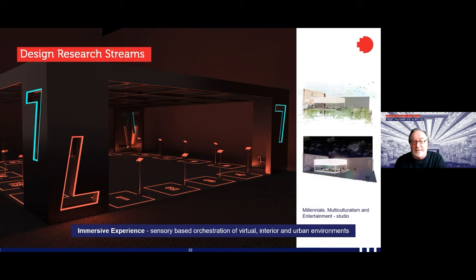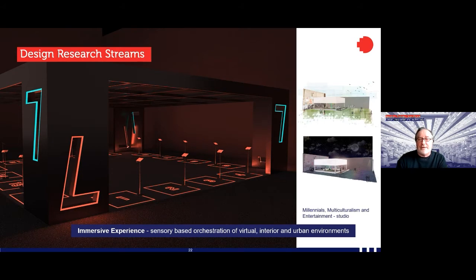And so this is very quickly an example of those things coming together. This is interactive technologies meeting immersion studio, with a service design bent on it as well. This is a project about millennials, multiculturalism and entertainment, and how Melbourne is predominantly a very young population, and in the future people between 25 and 30 are going to be a very strong force within Melbourne, and their needs and approaches to urban conditions have changed completely.